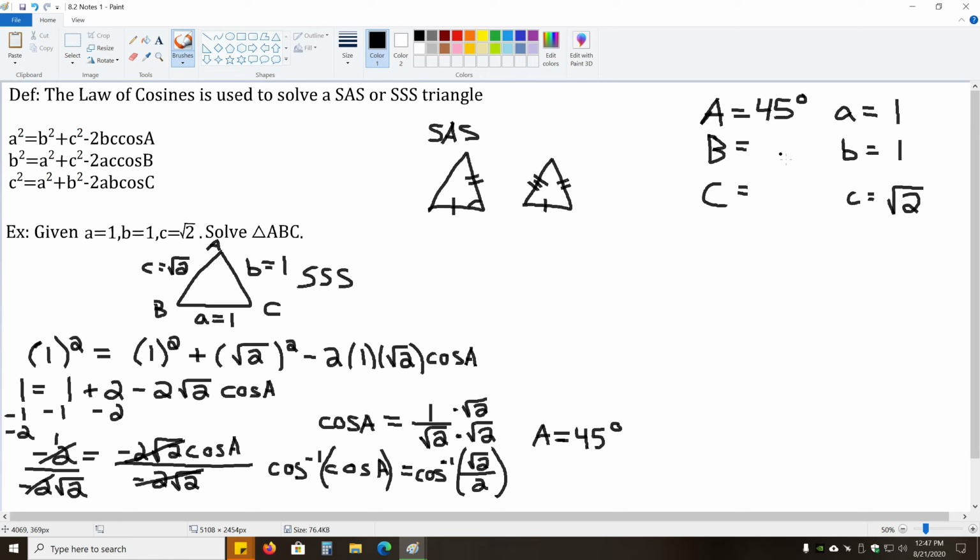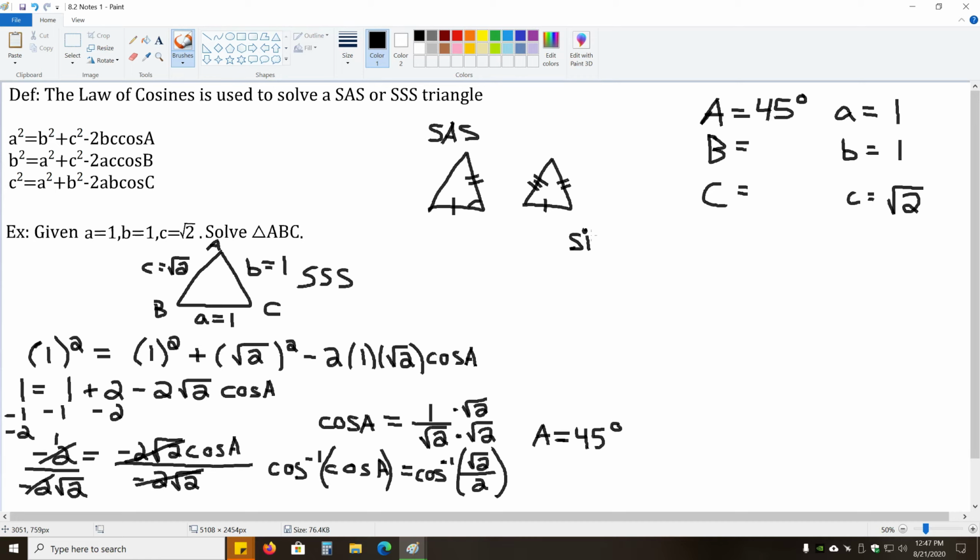And at this point, it's important that we remember we want to use the smaller angle first, meaning the one that matches up with the smaller side, because sine can have an answer in quadrant 1 or quadrant 2. So we're going to solve for angle B first, since side B is smaller than side C. And we'll do that with the law of sines.